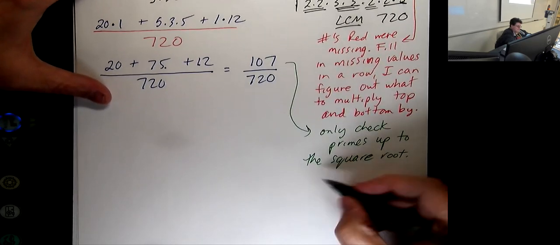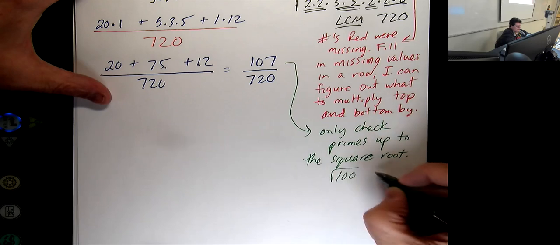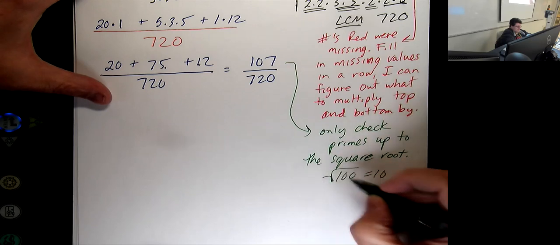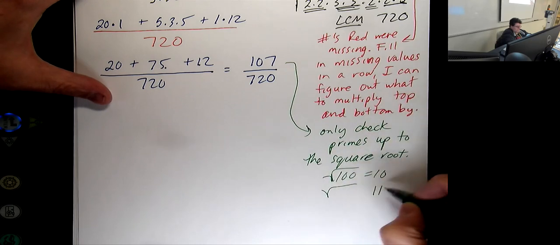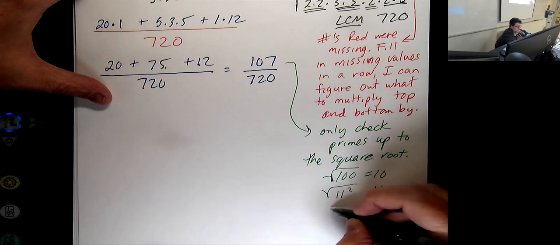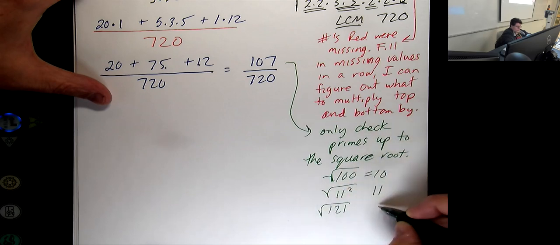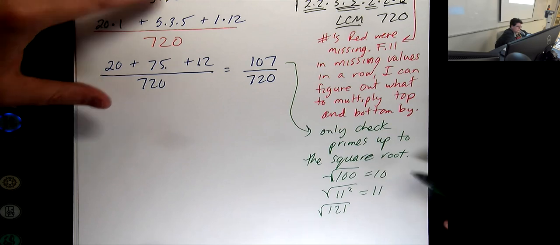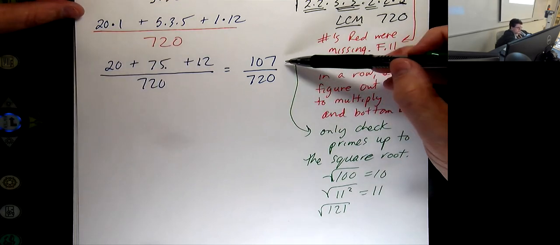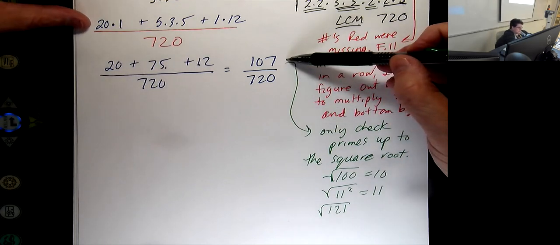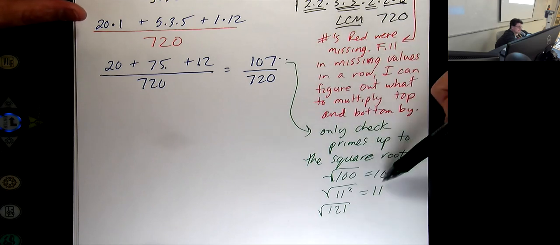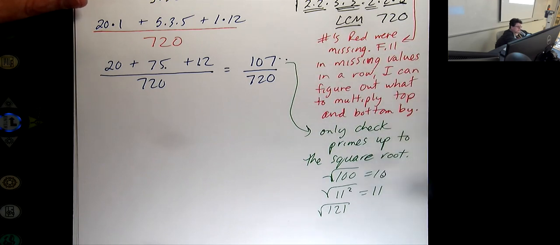The square root of 100 is 10. If we wanted 11 squared, that is 121. So I only need to go up till I get to 11 as a prime number. 11 doesn't go into it. Nothing else goes into it. I don't need to check higher prime numbers because nothing else is gonna go into it.